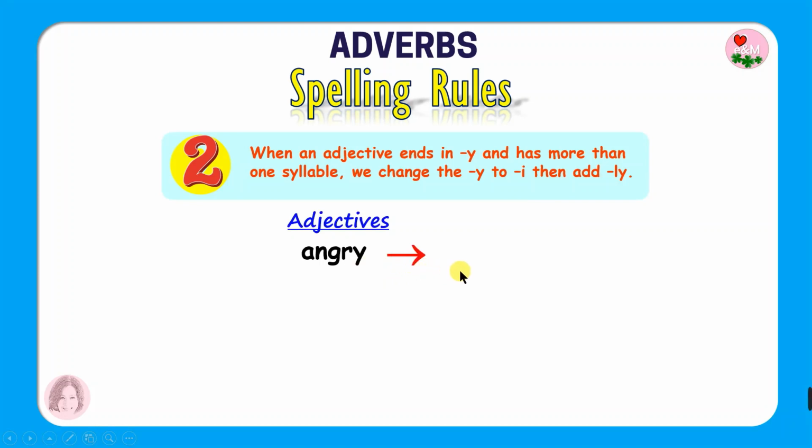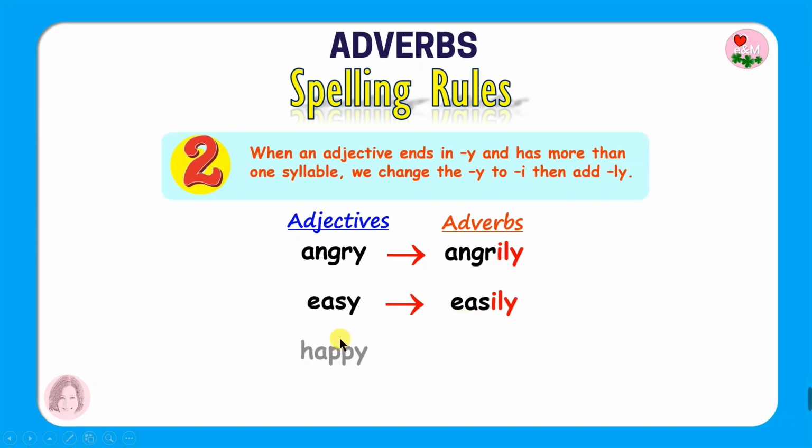So, the adverb will be angrily. Same way, easy is an adjective, ending in y. Change y into i and then add ly, so the adverb will be easily. Next, happy is an adjective and the adverb is happily.